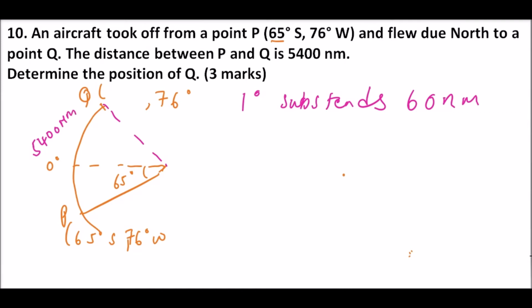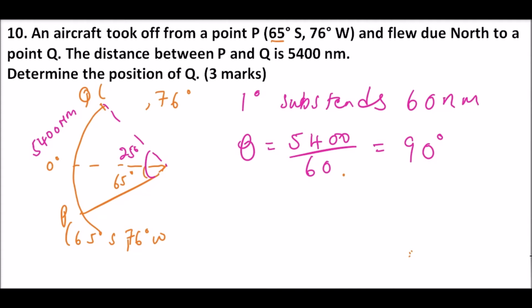So if we divide, theta, that is the whole of this angle, is equal to 5,400 nautical miles divided by 60 nautical miles, so this will give you 90 degrees. So if this angle is 90, therefore this angle is 25.